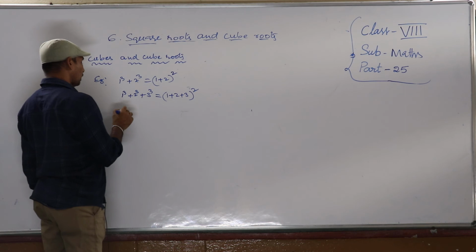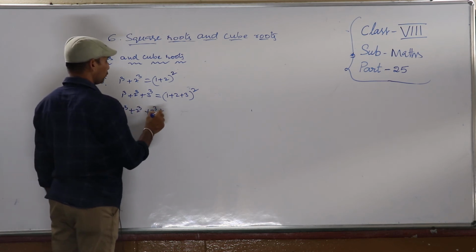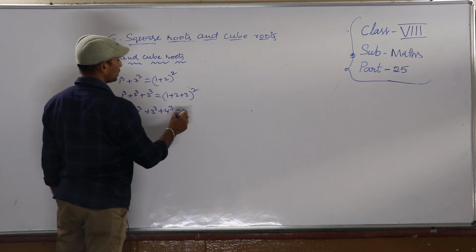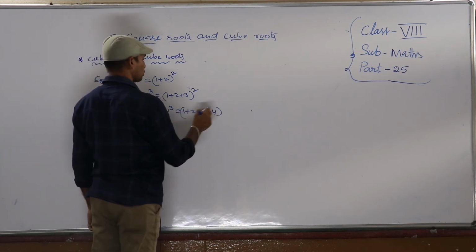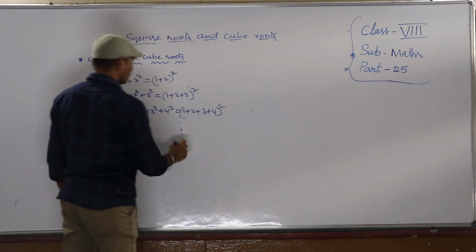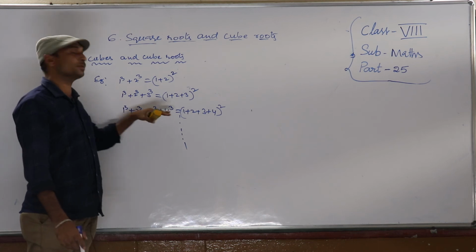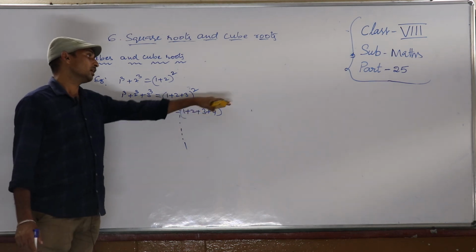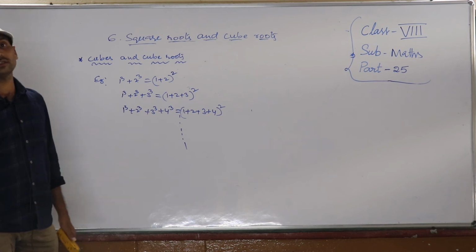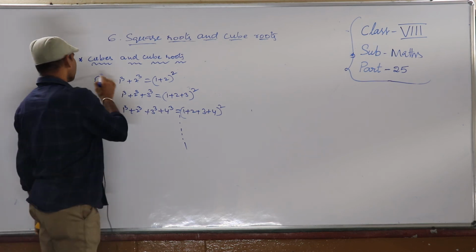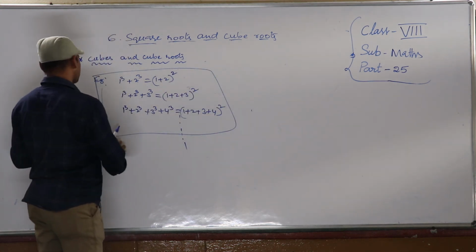Same, 1 cube plus 2 cube plus 3 cube plus 4 cube is equal to 1 plus 2 plus 3 plus 4 whole square. If you take any numbers with cubes, then you can take them like squares also. Both answers will be equal. So this is about the patterns of cubic numbers, children.